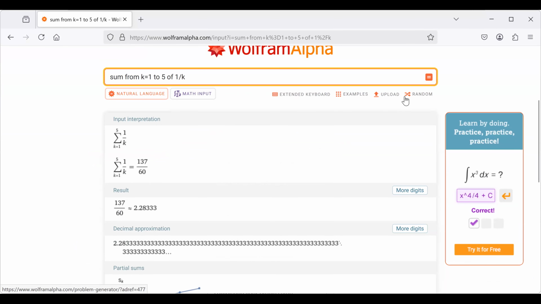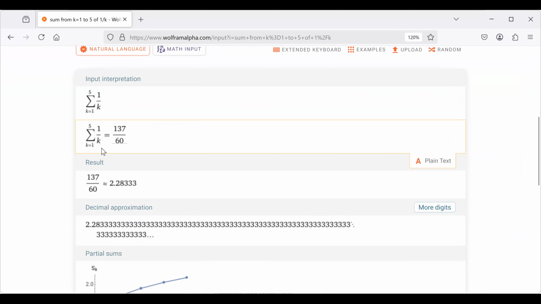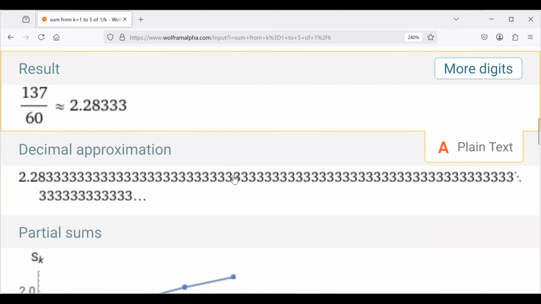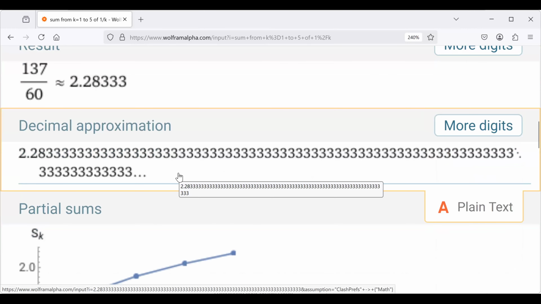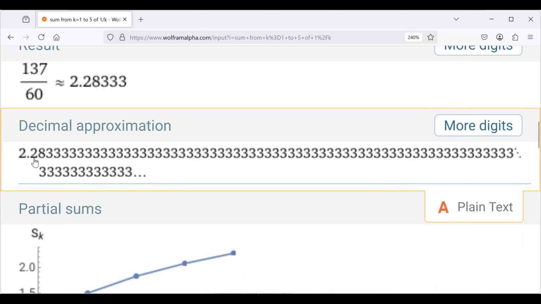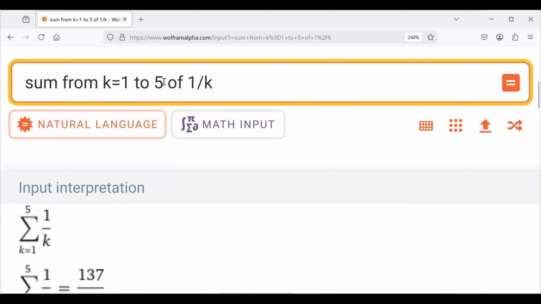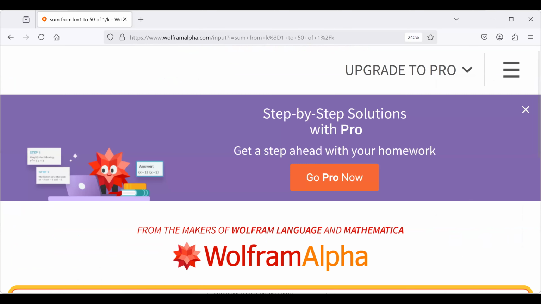And what I'd really like is the ability to magnify this, which I guess I can. It's not super elegant, but here's the fifth partial sum, about 2.3. And the question is, as this upper term increases, are these partial sums approaching a finite number or not?